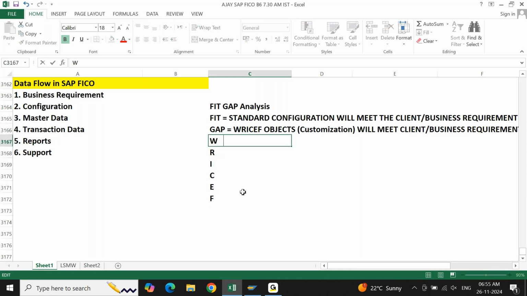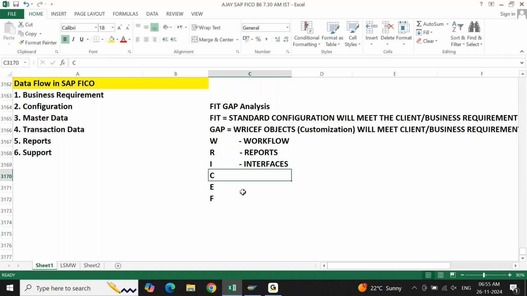W is representing what? Workflow. R is representing what? Reports. I is representing what? Interfaces, integration.